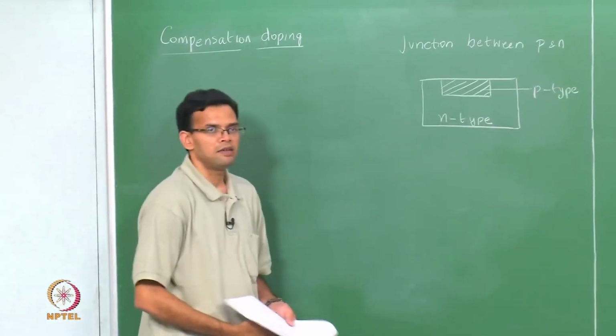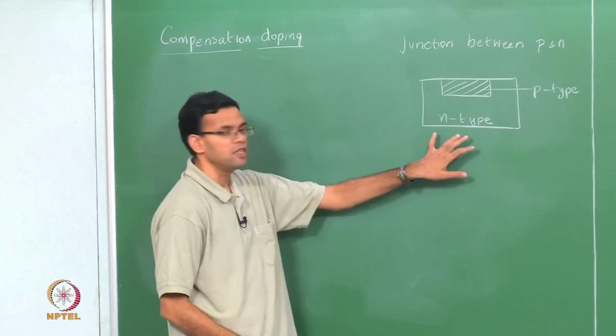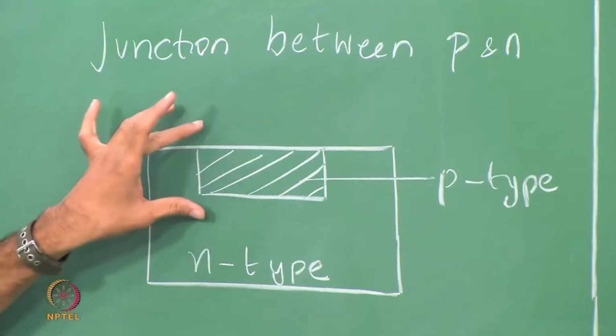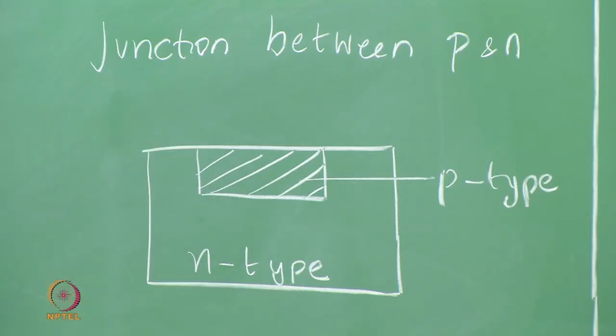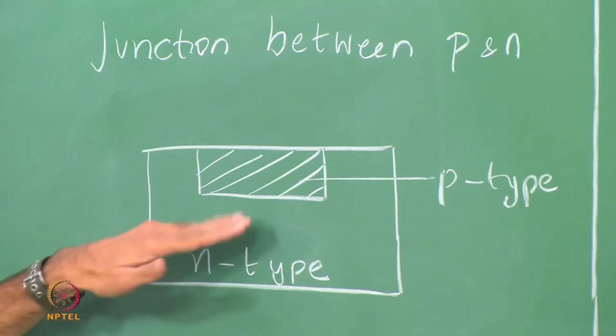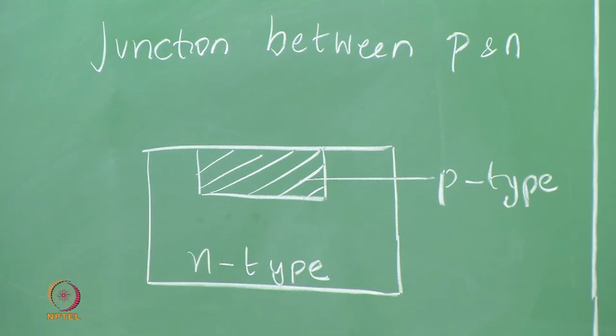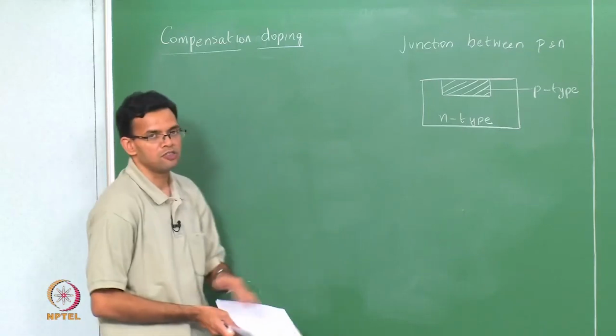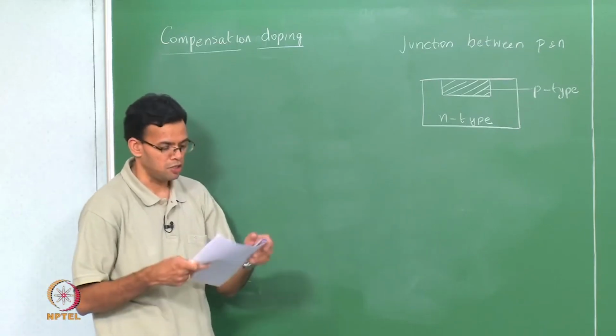We will see later that there are certain ways of doing this, but in this particular region you have both N type impurities and P type impurities, and we do it in such a way that the overall material is p type. So, this type of doping with both kinds of dopants is called compensation doping.